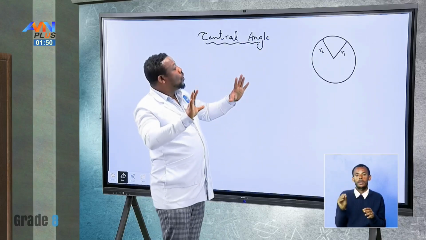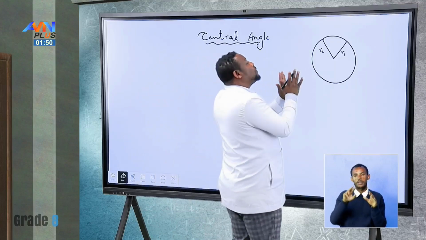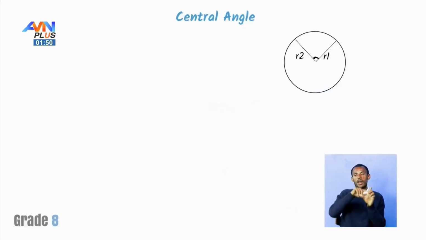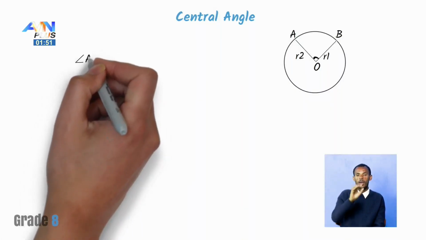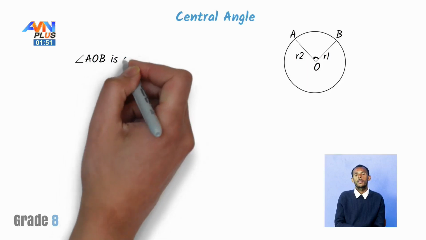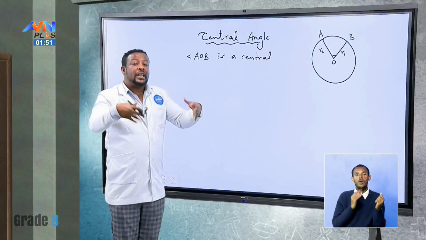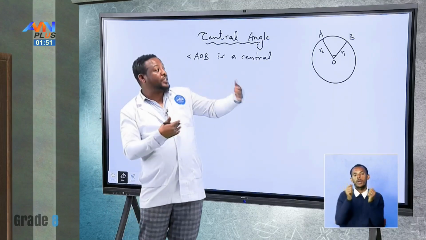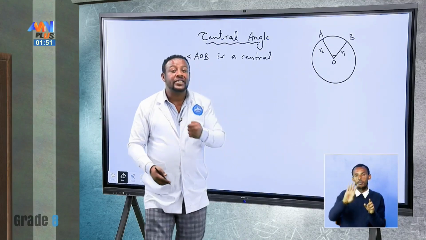The angle formed by any two radii is a central angle. Say this is O, and take certain points A and B here. So angle AOB is a central angle. Based on our definition, a central angle is an angle formed by two intersecting radii. So in this figure, angle AOB is considered a central angle.